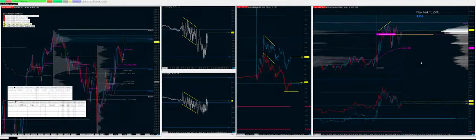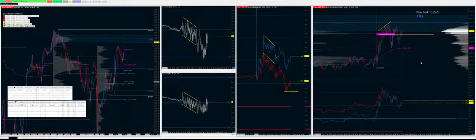All right, so we're watching price here to see what it does. We didn't get the drop that we wanted out of the NYSE tick, but the Nasdaq is hitting. NYSE tick has still spent most of its time negative, though.